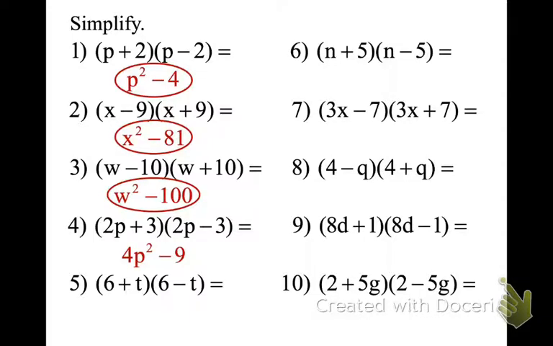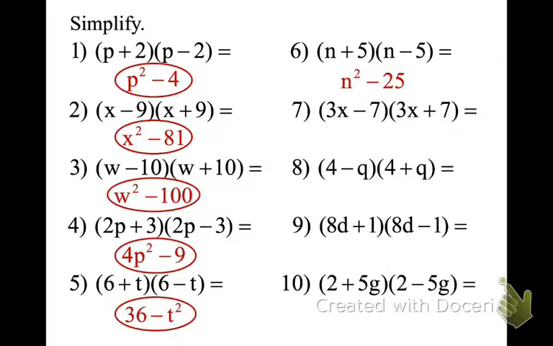Riley, next one. Keep it in order. Is it just 36? It's not just 36. It's 36 minus t squared. Good. Vic. X to the second minus 25. Good.